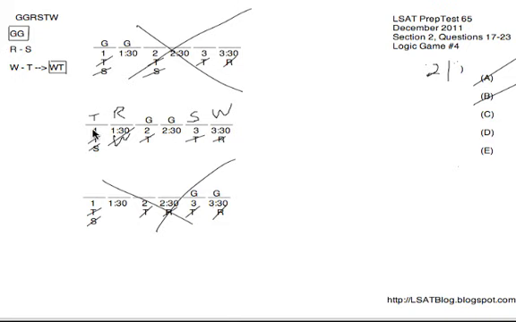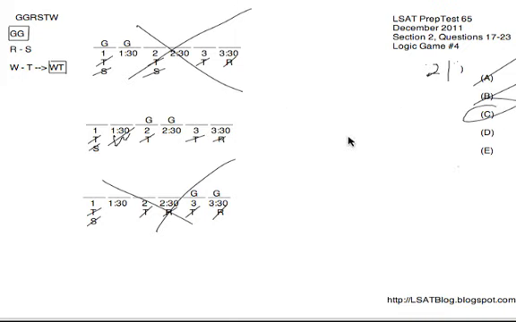Turns out that actually doesn't work because T can never be on 1, but what if we switched R and T around? What if we put T on 1:30 and R on 1 o'clock? Then it would actually work out perfectly fine. We'd have R, T, G as the 3 things before S. We'd have R before S as is required. We wouldn't have W before T, so this rule wouldn't be activated. Everything would check out perfectly fine. So for that reason, C is our answer to number 21.